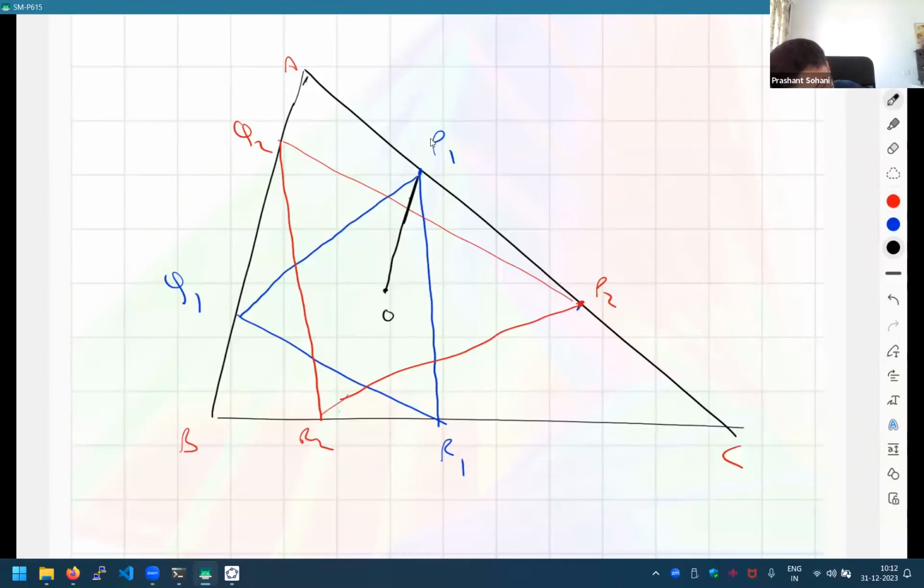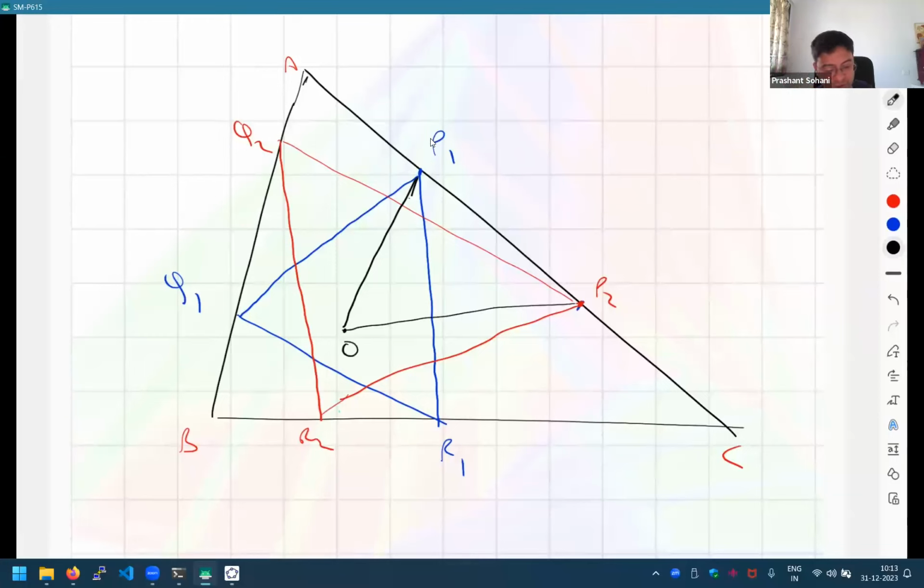So OP1, and let me just change the position of the point a little bit. Here it is looking very much like the center of the triangle. Now it is looking equilateral. I'm just choosing any position arbitrarily.